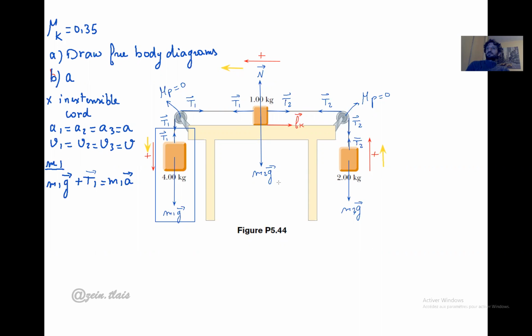So A here is positive. We have only one dimension, so M1g is positive, T1 is opposite, so it's negative.